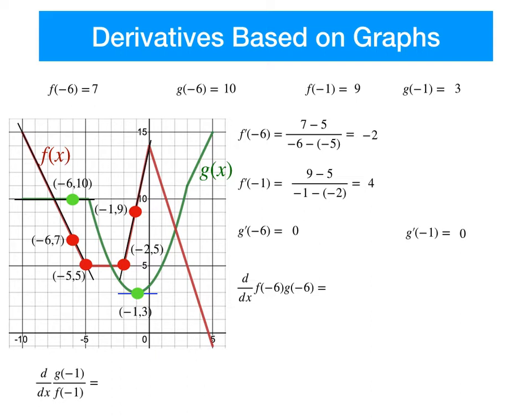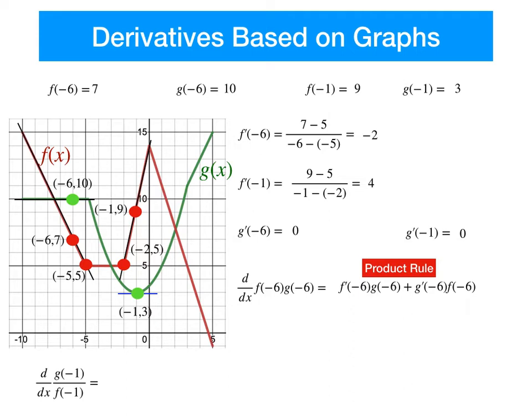All right, so we found the derivative of f of x and g of x individually at some points. How about the derivative of the product of f of x and g of x at the same point? What is the derivative of f of negative 6 times g of negative 6? Since we have a product, we have to use the product rule. The product rule says the derivative of f of negative 6 times g of negative 6 equals f prime of negative 6 times g of negative 6 plus g prime of negative 6 times f of negative 6.